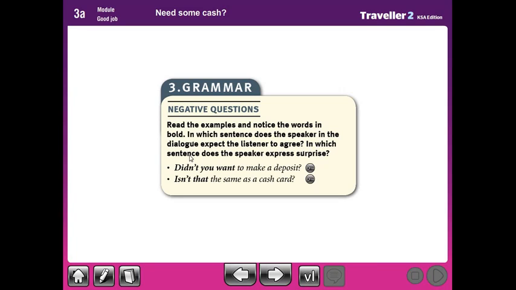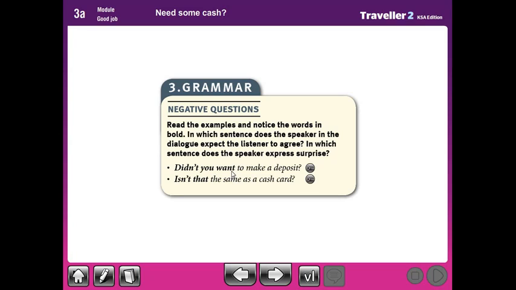In which sentence does the speaker express surprise?